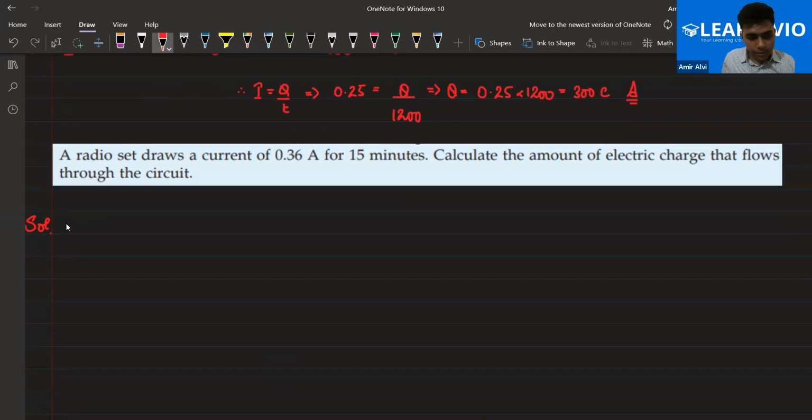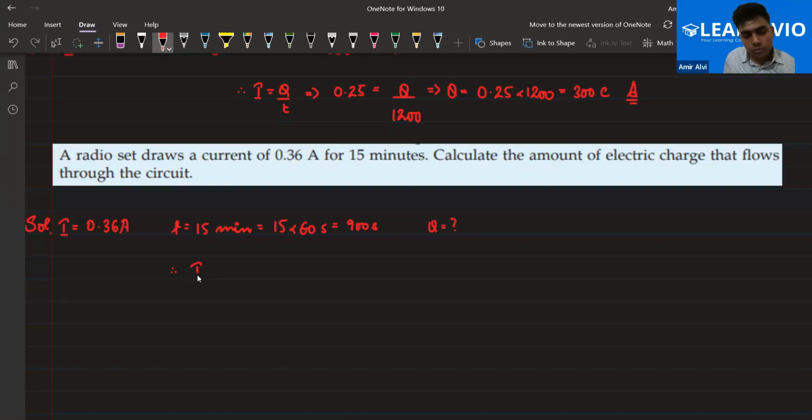Okay. So I is equal to 0.36 ampere of current, and the time for which it is flowing through the circuit is 15 minutes. So simply convert it into seconds, which comes out to be 900 seconds. We need to find the charge flowing through the circuit in that time.